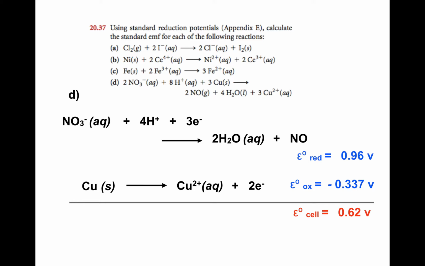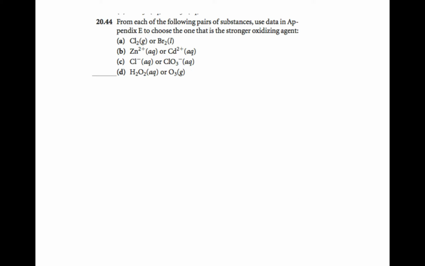From each of the following pairs of substances, use Appendix E to choose which one is the stronger oxidizing agent. So when we look at the reduction potential chart, we see that chlorine is the stronger oxidizing agent, right? It has a larger reduction potential.